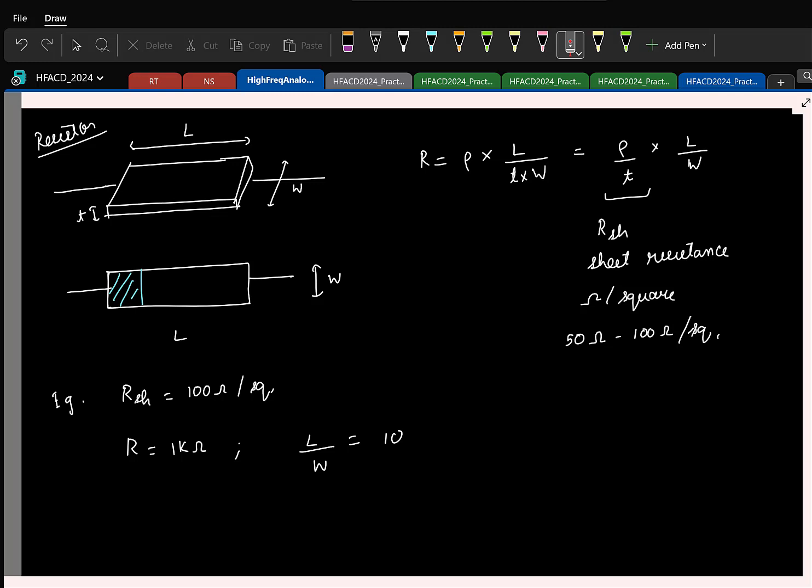Okay, it's quite simple. And the other passive we are interested in is capacitor. So how do you think we'll make capacitors? Yeah, two metal, insulator, metal kind of structure. But again, if you recollect, in your CMOS process, this is your P substrate.